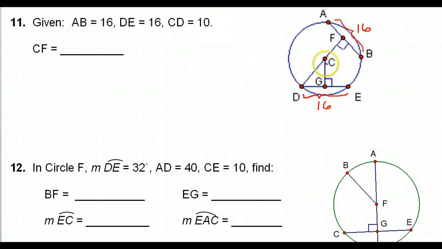CD is 10. Where's CD? Here's CD right here. So this is 10. We're supposed to find the length of CF. We are looking for this guy right here. Let me zoom in on this.